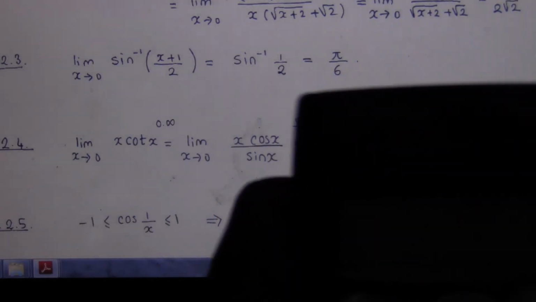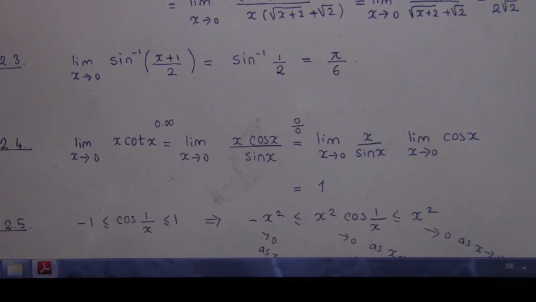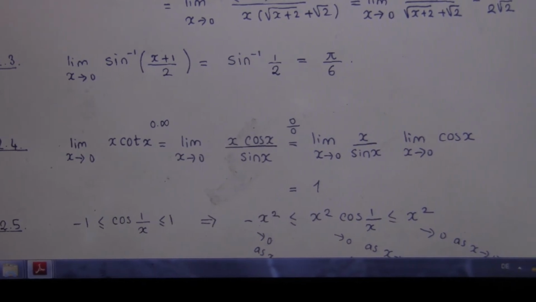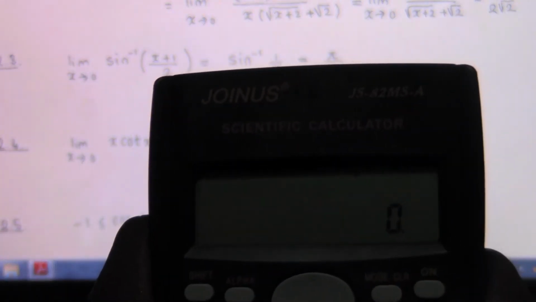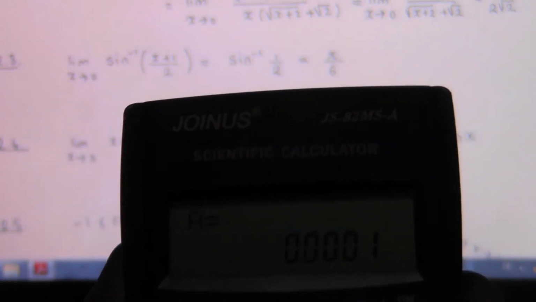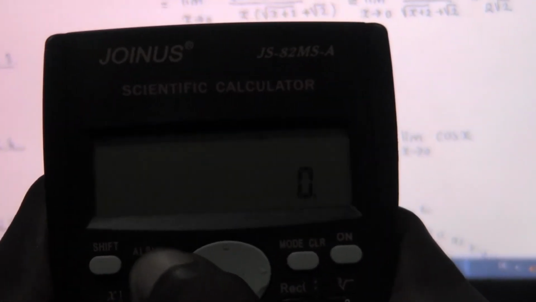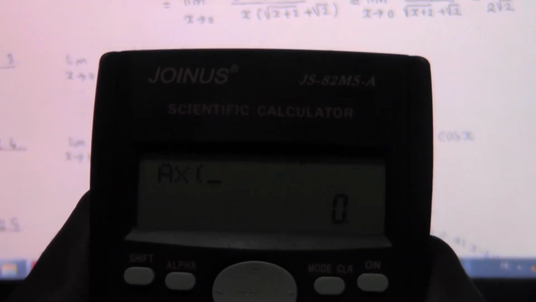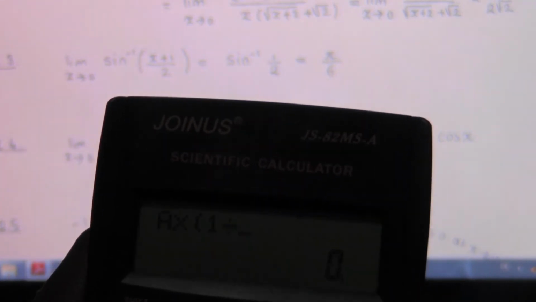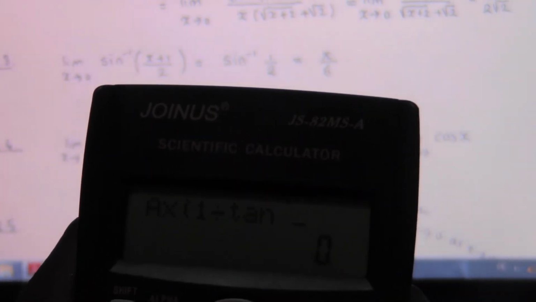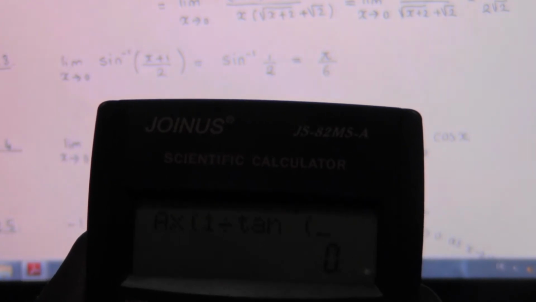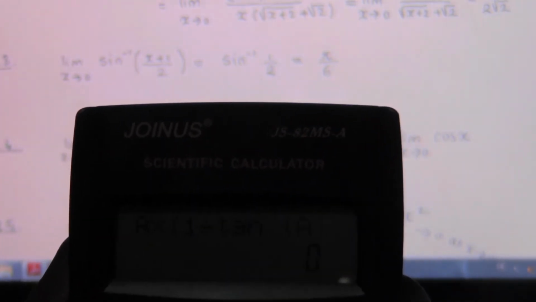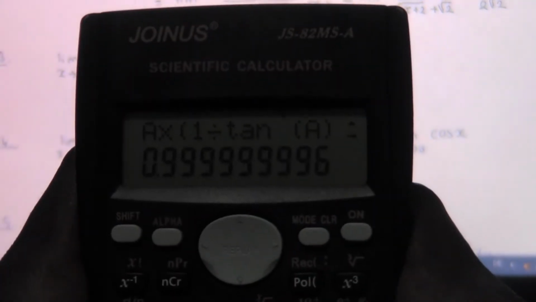So we already have a and b stored as just above and just below 0. So let's go. A multiplied by cot, which is 1 over tan of A. Close the bracket, and I get something close to 1.